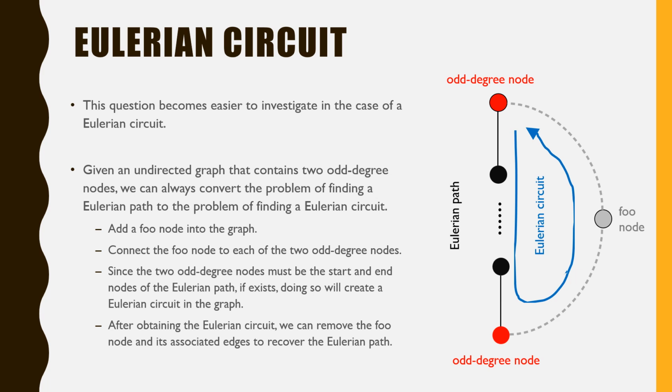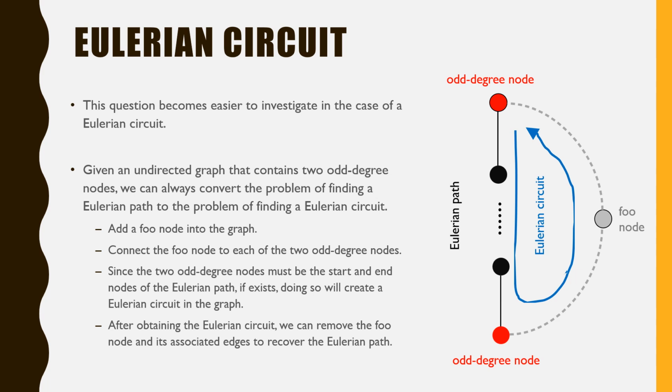For example, as shown in the figure on the right, the original odd degree nodes are marked in red, and the newly added node is marked in gray. The added edges to connect them are shown as gray dashed lines.